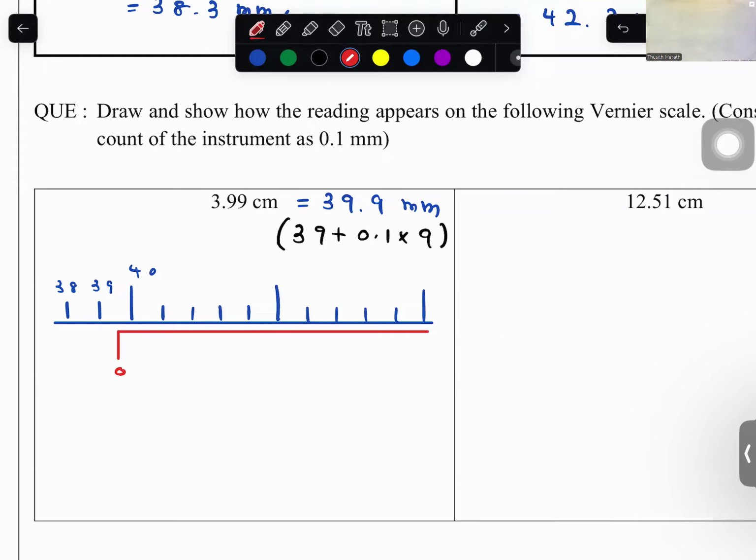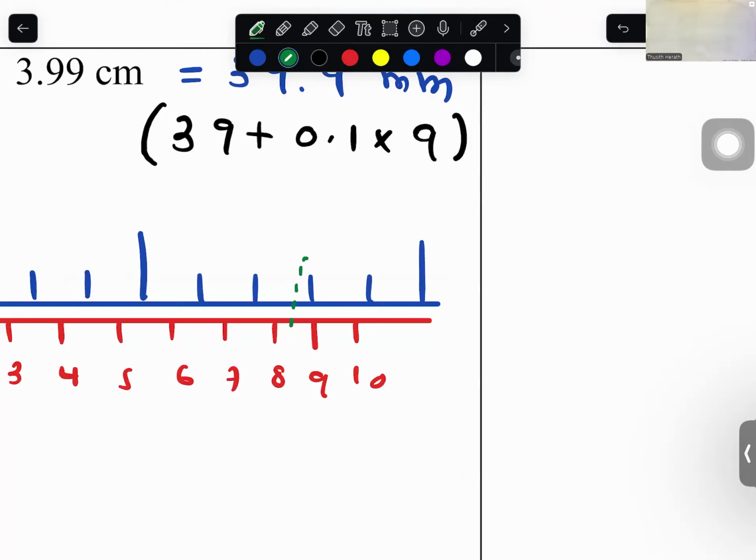It should be here, 0. 1, 2, 3, 4, 5, 6, 7, 8, 9, 10. Right here you can see the 9th line is coinciding with the main scale line, and the line before that has come a bit forward, and the line after the coinciding line has come a bit backward. That's how you can clearly find which line is coinciding, right? The 9th line.